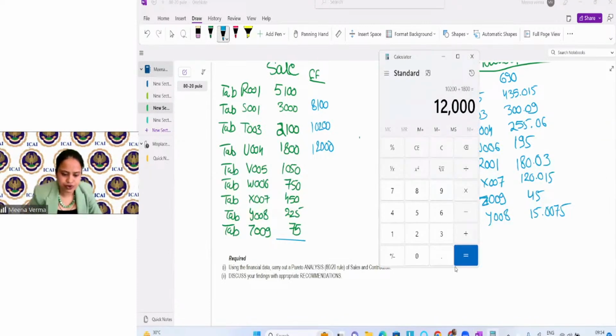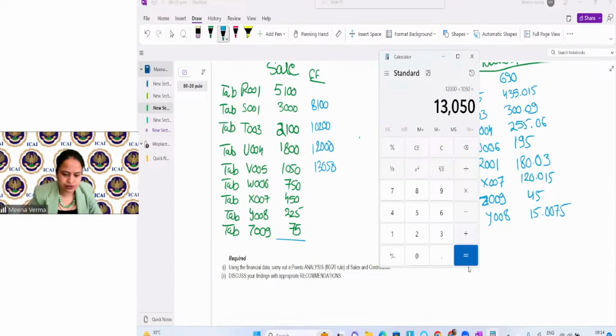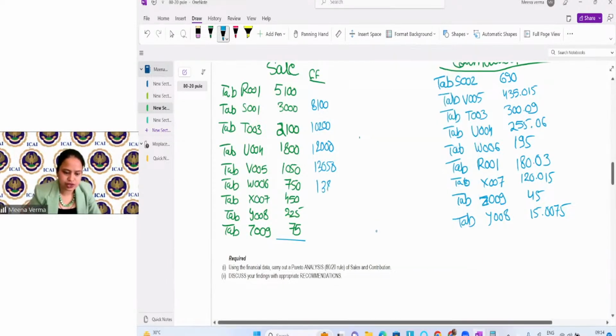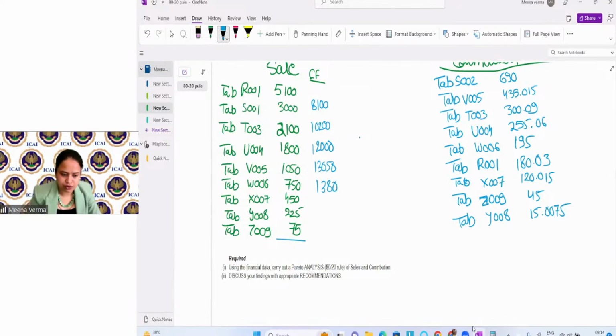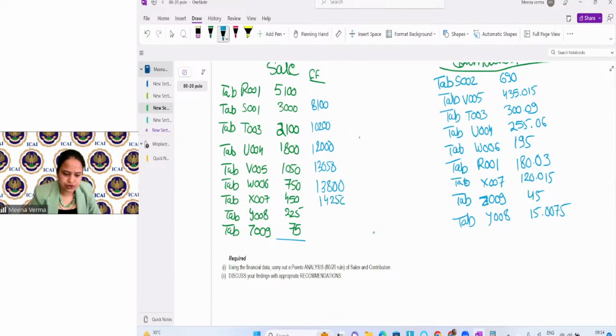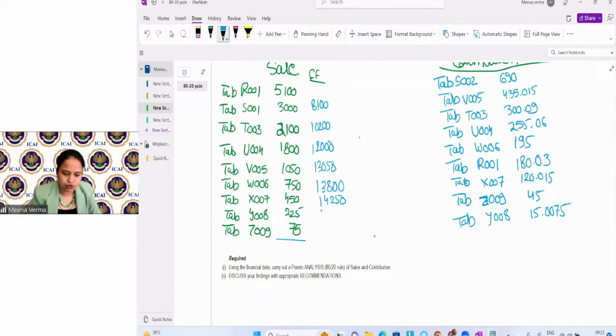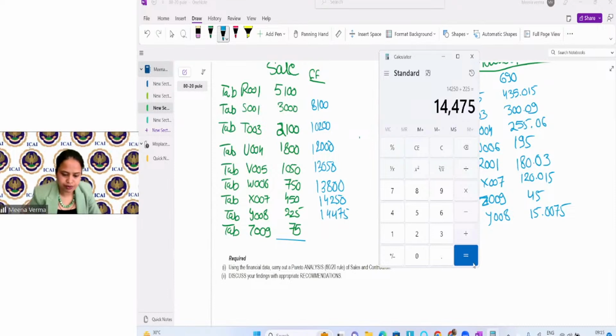Then 1050 plus 1050, 13050. Then 750, this is 13800, plus 450, 14250, then plus 225, 14475, then plus 75.